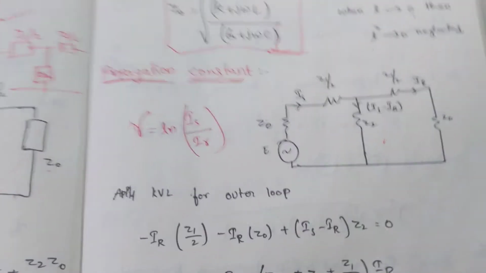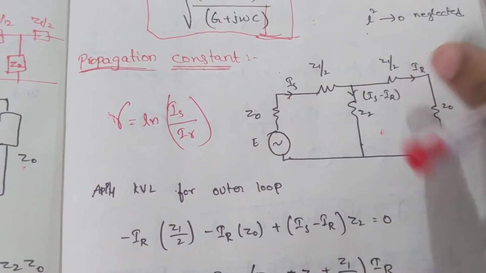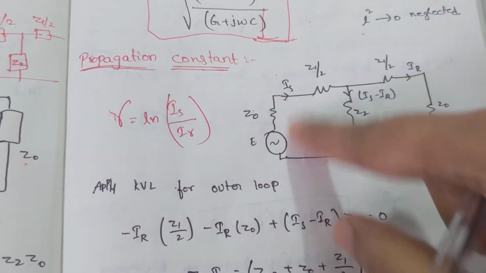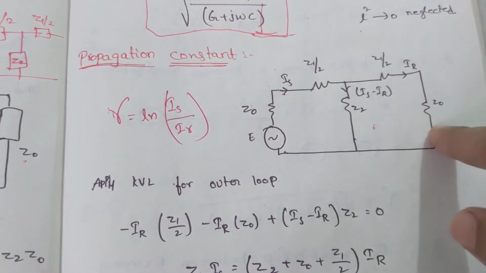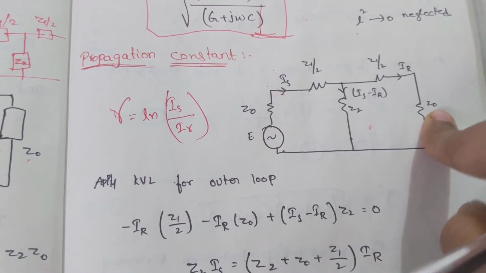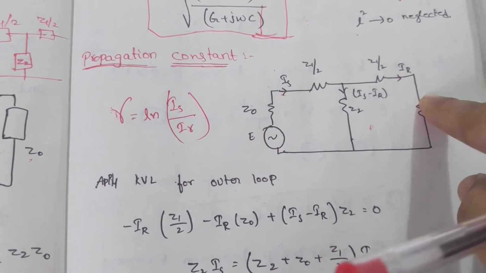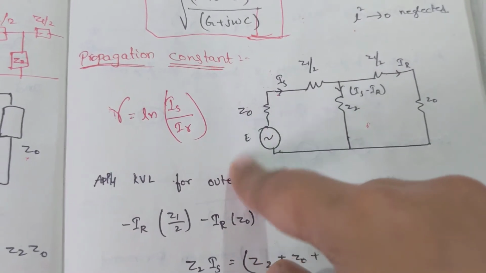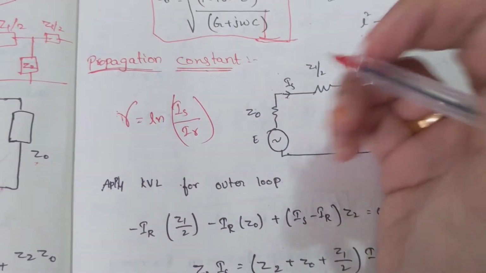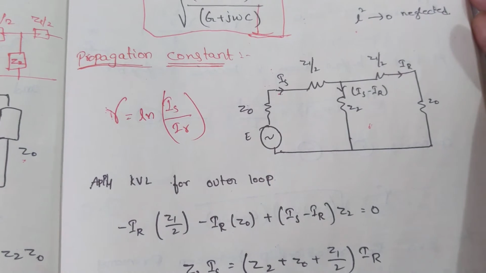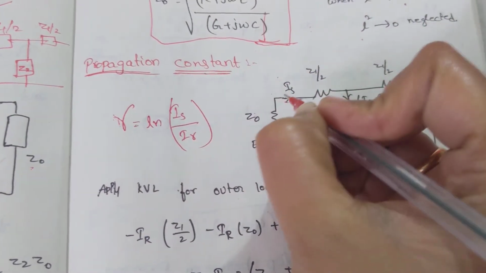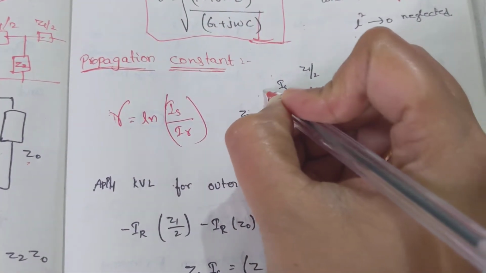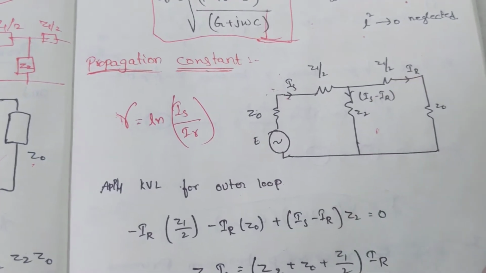So first of all, whatever the distributed model is, we are considering the same model, which is having the load impedance as Z0 and the input impedance as Z0, excited with a voltage source. The sending end current is Is and the receiving end current is Ir.